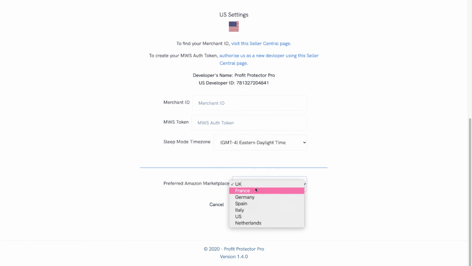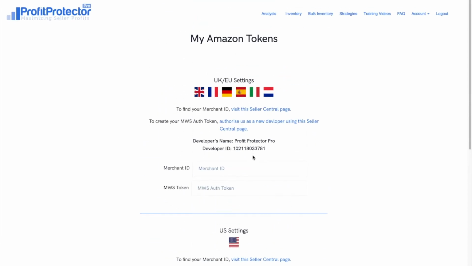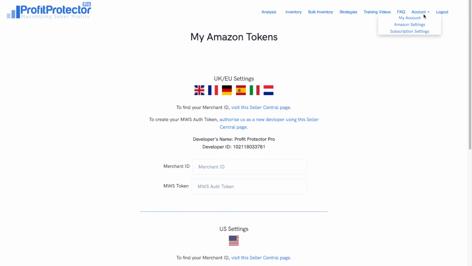You can choose your preferred marketplace, and then you can save your changes. And that will mean that your sleep mode works at exactly the time of day that you would like, exactly the right time zone. And then you've got your subscription settings where you can just change your subscription to Profit Protector Pro, upgrade to an annual plan or something like that.